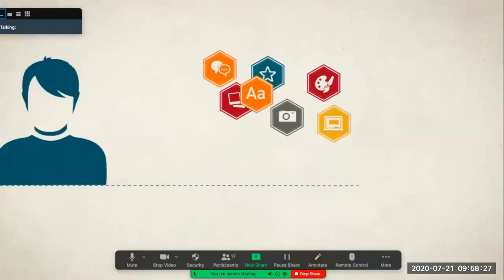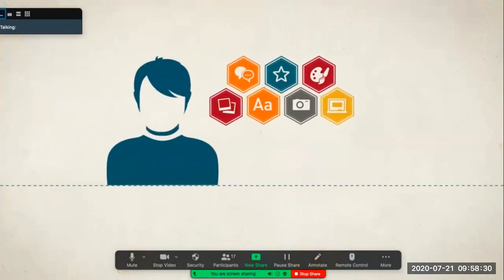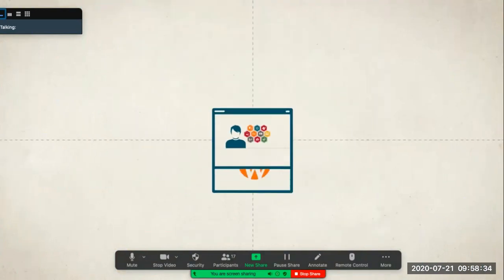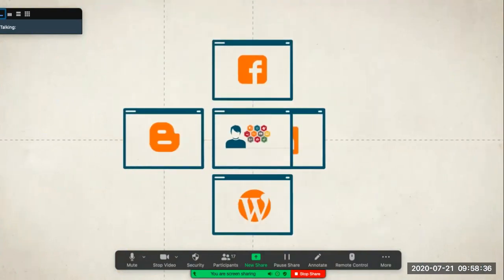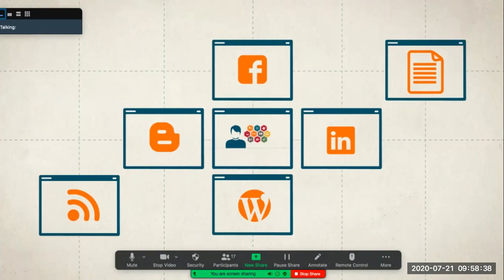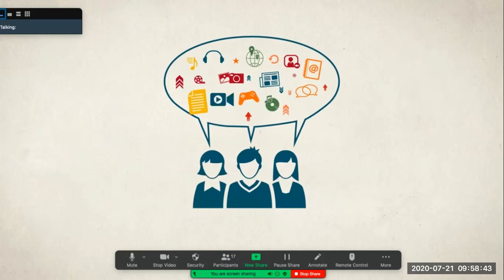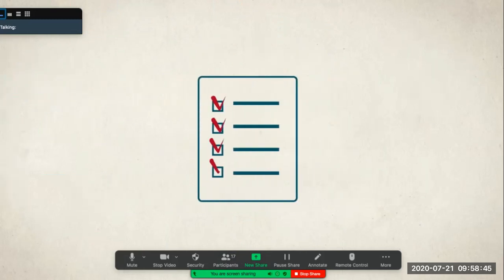Badges could be earned by anyone completing programs or projects or demonstrating specific knowledge, skills, and abilities. Badges could be shared on websites or blogs, social media profiles, online portfolios, and resumes, leading to real opportunities like connecting with potential collaborators, earning school credit, or getting a job.